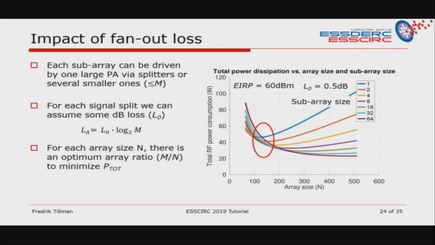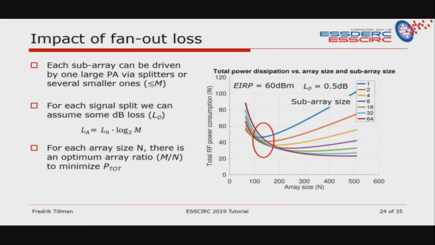What's more interesting now is to look into when we introduce the fan-out losses, because this will bring the system to a new dimension. If we assume that when you have split the signal in the subarrays, even though they're coming from the same digital source, you have the same transceiver feeding the antenna patches.